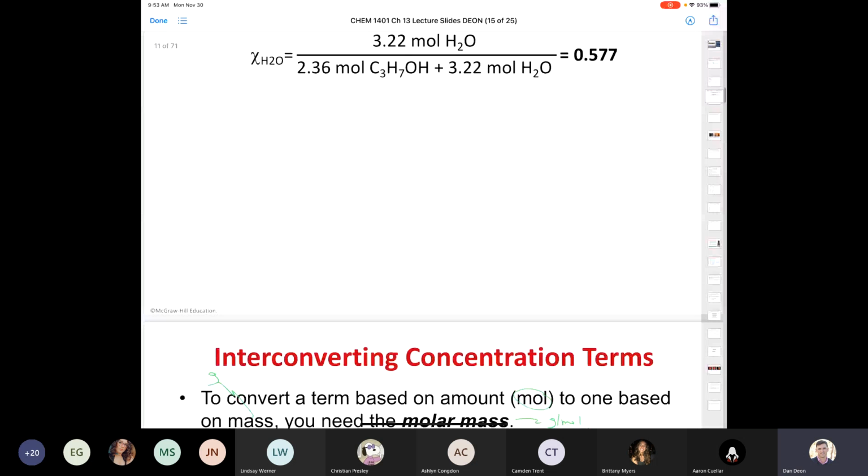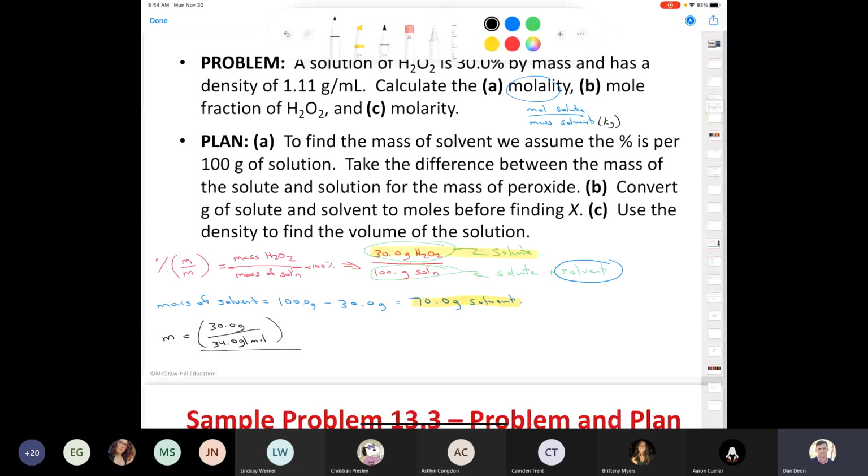And so if we have 70 grams of solvent, we want to convert that to kilograms. We're going to have 70.0 grams divided by 1,000 grams per kilogram. Look at this, it's a beautiful thing. You can see the units of grams cancel. We're left with moles on top, and grams cancel, and we're left over with kilograms on the bottom.